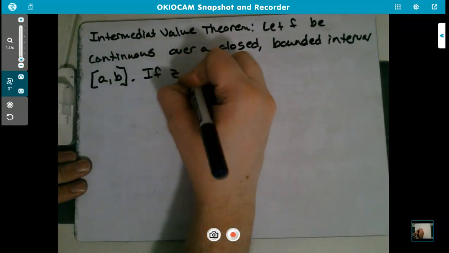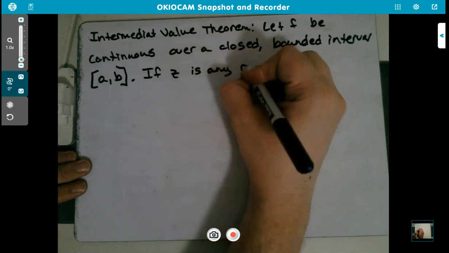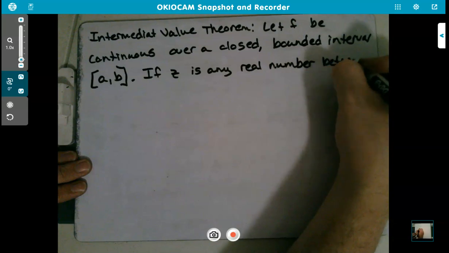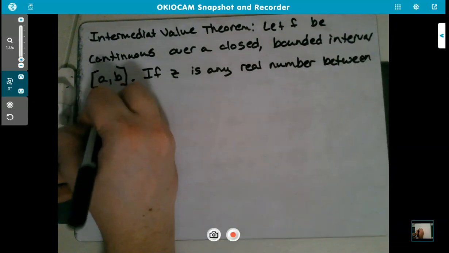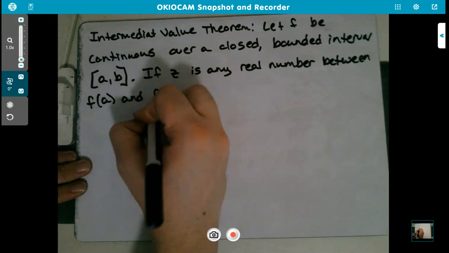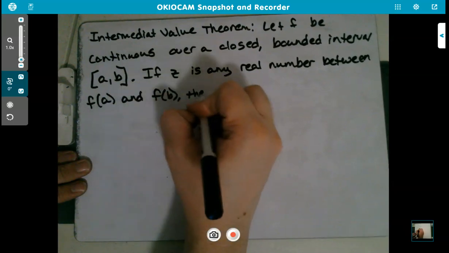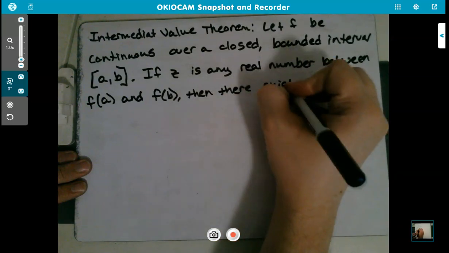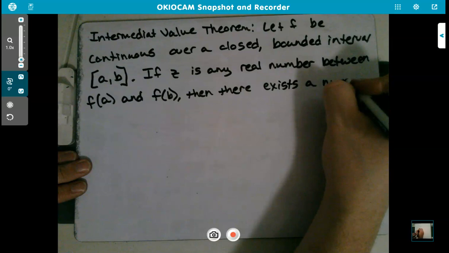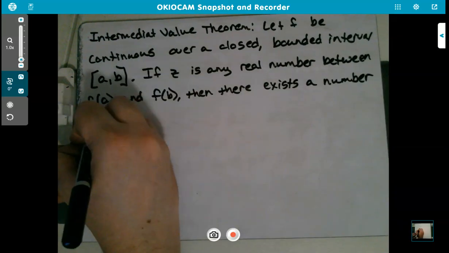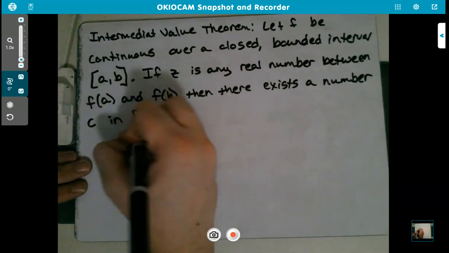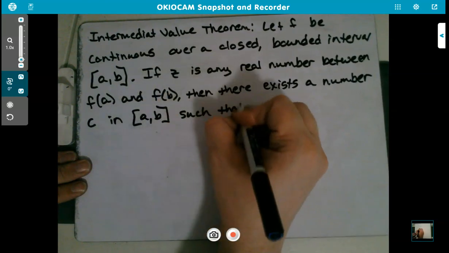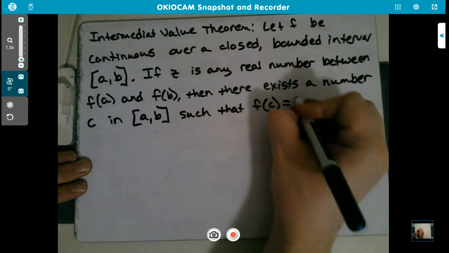If z is any real number between f of a and f of b, then there exists a number c in the space between a and b such that f of c is equal to z.